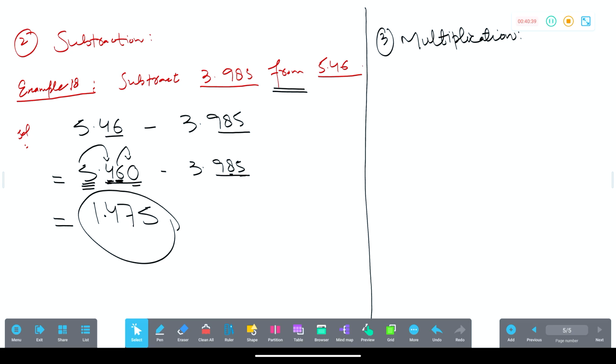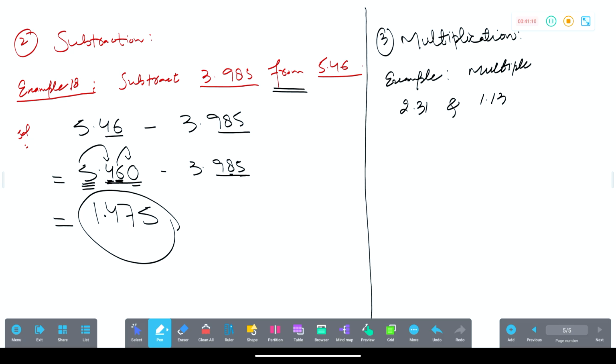Now let me take the first example. It is multiply 2.31 and 1.13. Now let us learn how to multiply decimal numbers.